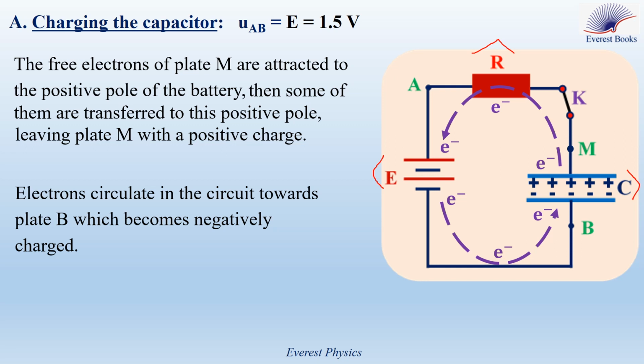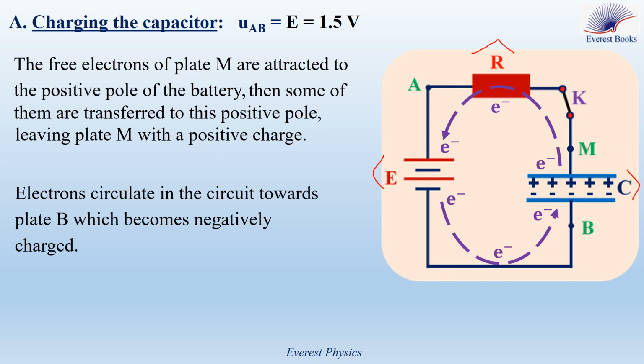Take into account that the number of electrons lost by plate M is equal to the number of electrons gained by plate B. Also, QM and QB, I mean the charge of plate M and the charge of plate B, have the same magnitude, but they have opposite signs. QM is positive and QB is negative.